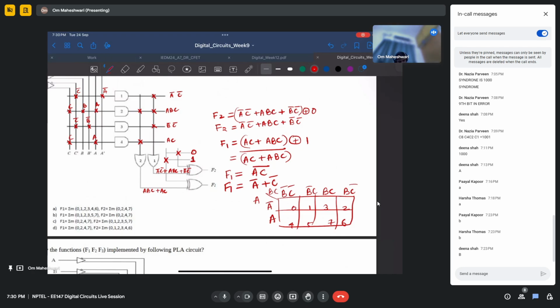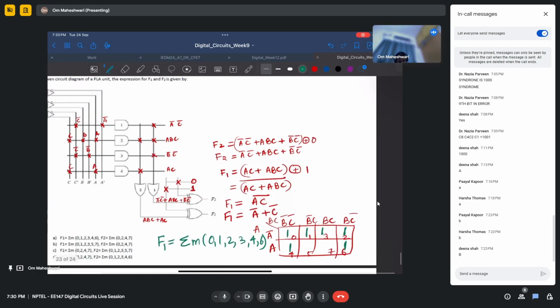So F1 is A bar plus C bar. So A bar is this and C bar is this. So it is 0, 1, 2, 3, 4, 6. F1 equals sigma m 0, 1, 2, 3, 4, and 6.